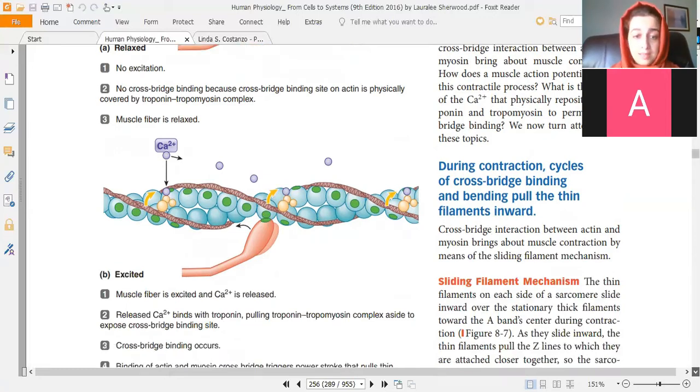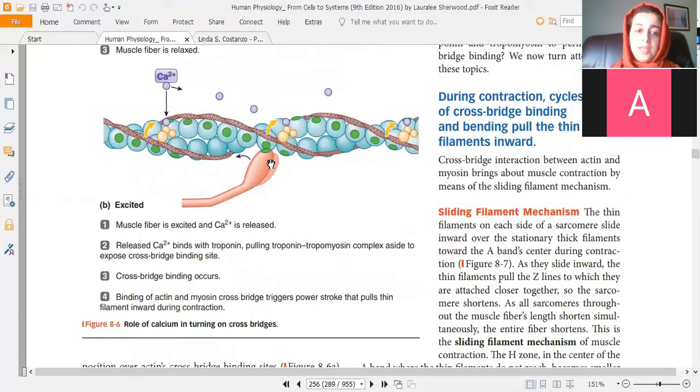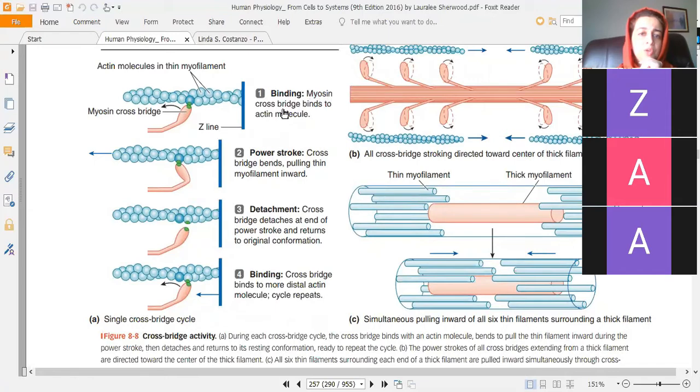As soon as this takes place, there will be a forward stroke, and I will shortly discuss the mechanism of how that takes place. The first step: the myosin cross bridge binds to the actin molecule. And obviously this is a cycle. We have to start from one point. This has occurred after calcium has entered, but we're talking about an activity taking place in a muscle, so all these things will be going on like a circle.